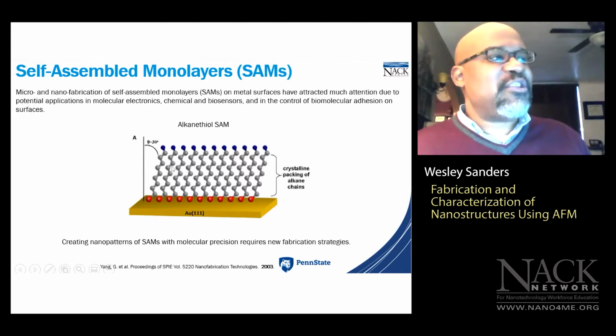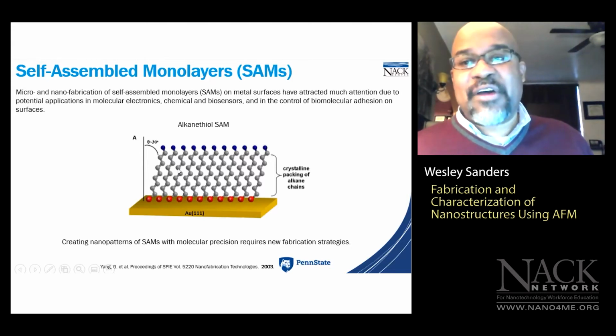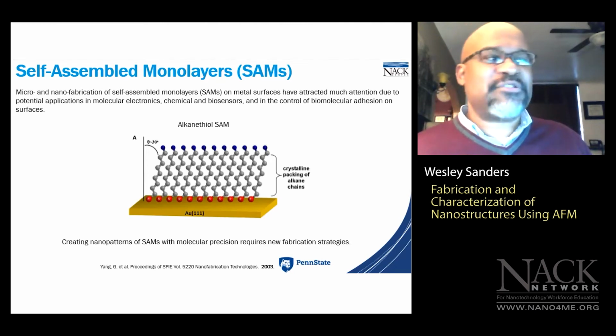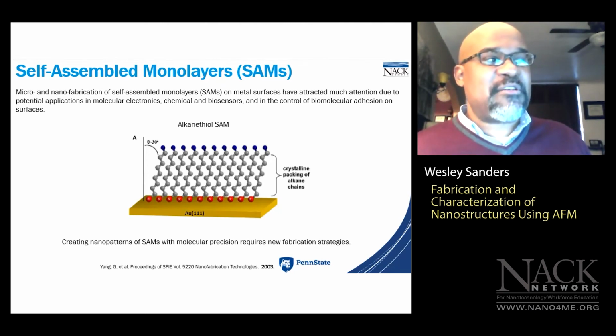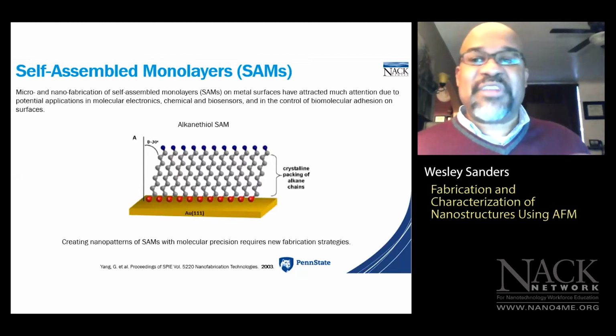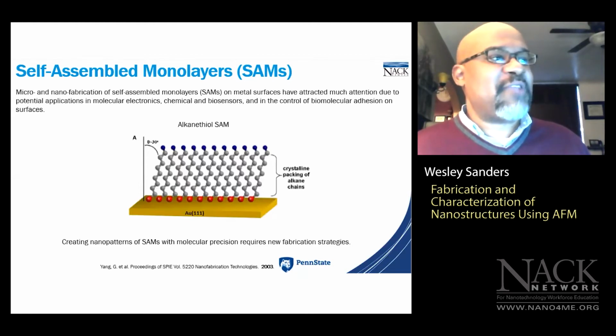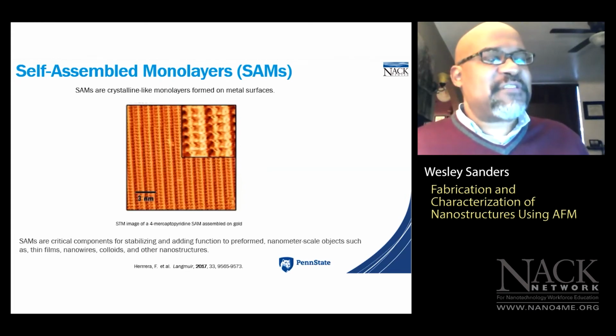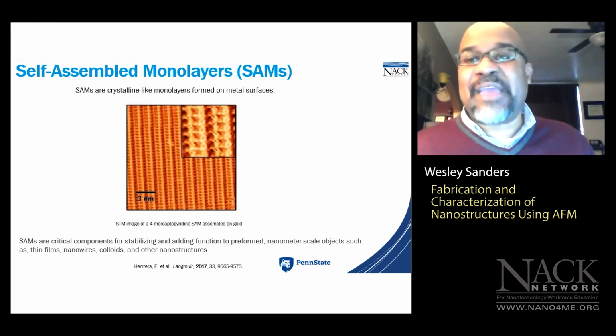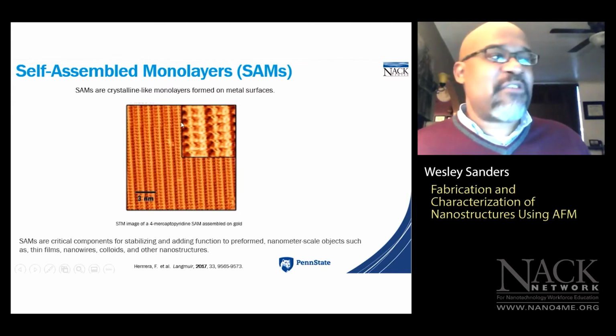But in any event, using self-assembled monolayers on preformed nanostructures like gold nanowires or gold nanoparticles gives those nanomaterials functionality that you can change based on the nature of the head group. But in any event, we're going to use self-assembled monolayers in this case to create patterns, or to etch patterns, using the AFM tip.